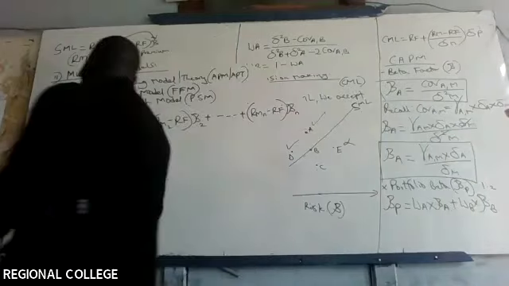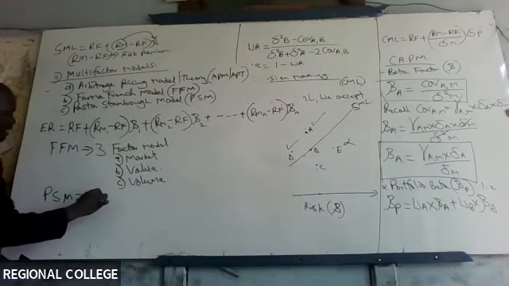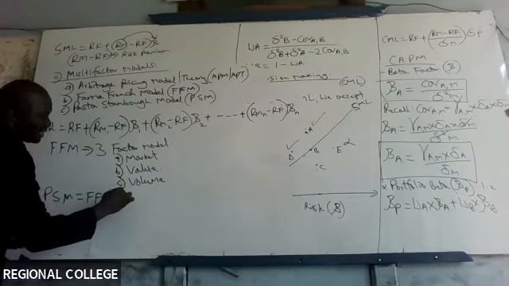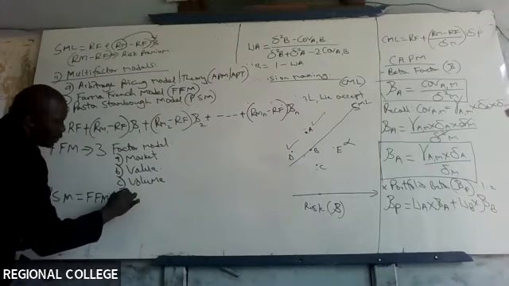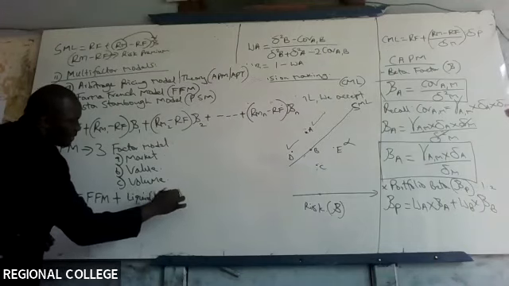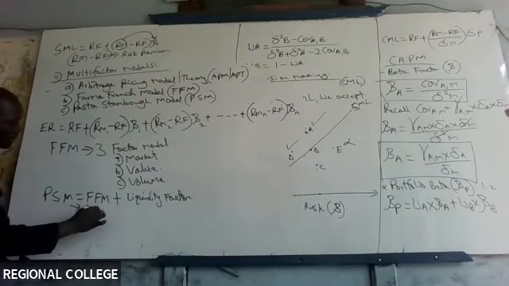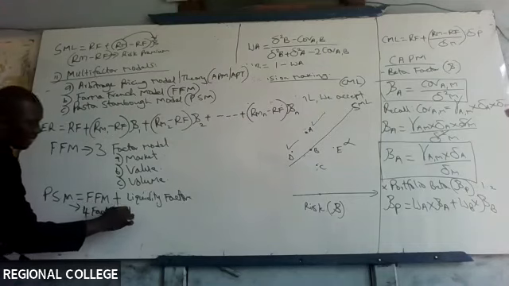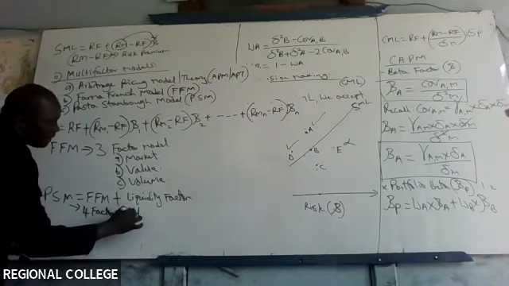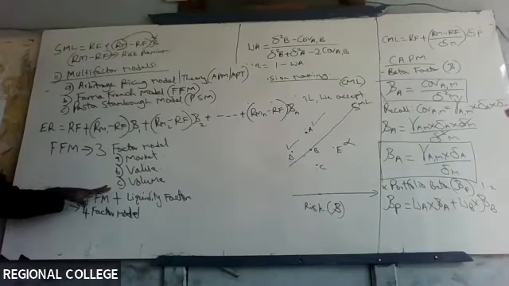When it comes to the Carhart model, it starts from the Fama-French model, then we add a liquidity factor. So for that reason, the model is a 4-factor model: market, value, volume, liquidity.